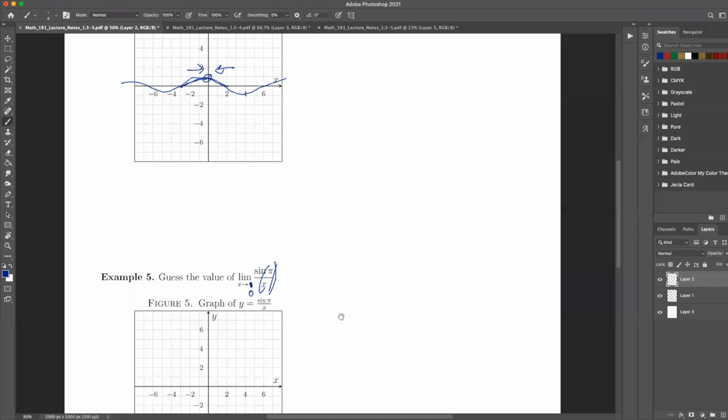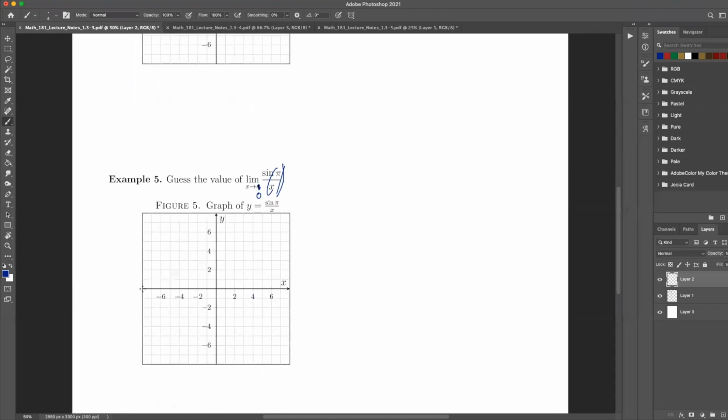So here we just say the limit doesn't exist, because it doesn't crash into a single number. It goes really crazy and then comes back out. If you see this oscillation, you're just going to say it doesn't exist.